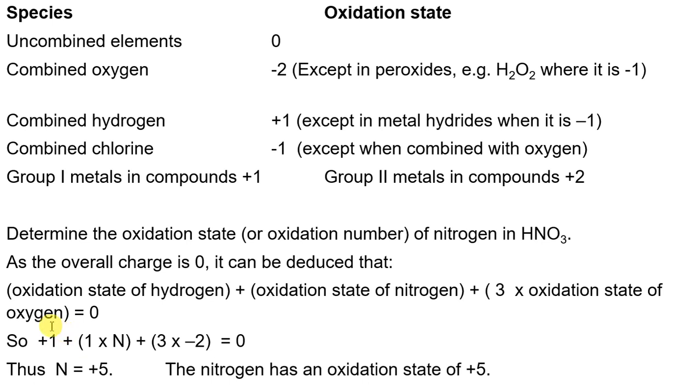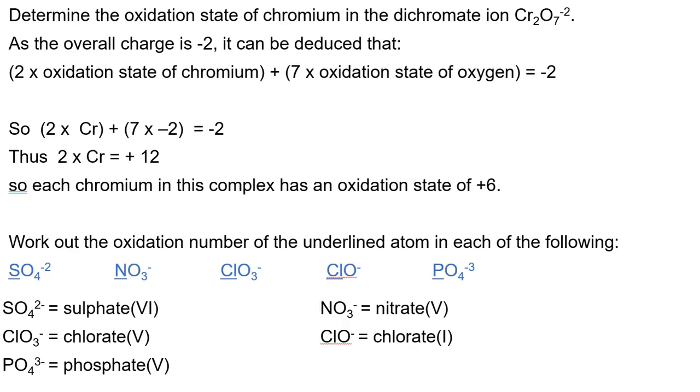Hydrogen, as we've seen, is +1. My nitrogen, I'm finding out. My oxygens, 3 of them, all -2. Means the nitrogen must be +5. Oxidation state of nitrogen +5.